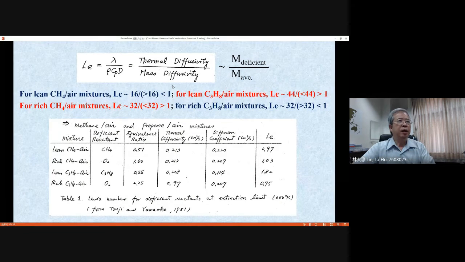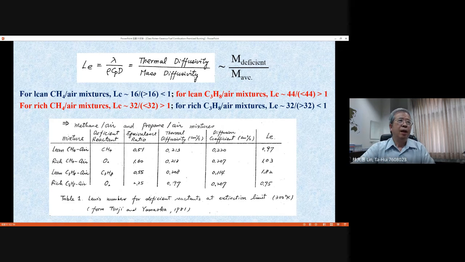The denominator represents the mass diffusivity, and the numerator represents the thermal diffusivity. Usually, if I want to estimate the Lewis number, I need to check the thermodynamic table to find the thermal diffusivity and the mass diffusivity and calculate it. But there is an easier way, and I will tell you how to estimate the value of the Lewis number.